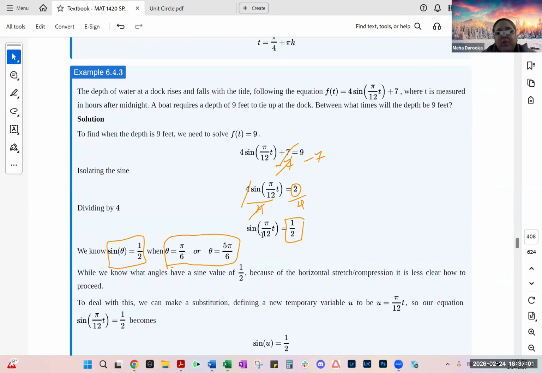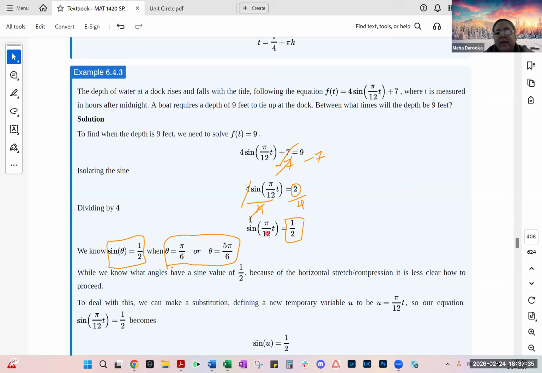Now, how do we work with pi over 12 times t for that theta here? Let's take a look at this explanation. While we know that these specific angles, pi over 6 and 5 pi over 6, have a sine value of 1/2, because of the horizontal stretch or compression, it is less clear how to proceed. Because of this pi over 12, we know it should be a compression.